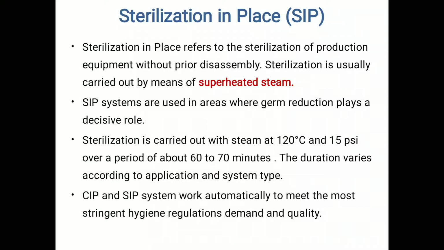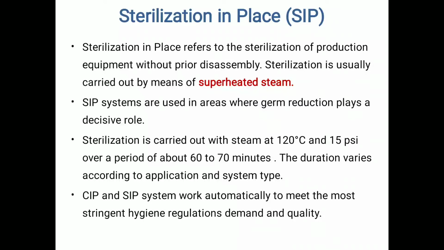Sterilization is carried out with steam at 120 degrees Celsius and 15 psi pressure over a period of about 60 to 70 minutes. The duration varies according to application and system type. The CIP and SIP systems work automatically to meet the most stringent hygiene regulations, demand as well as quality.